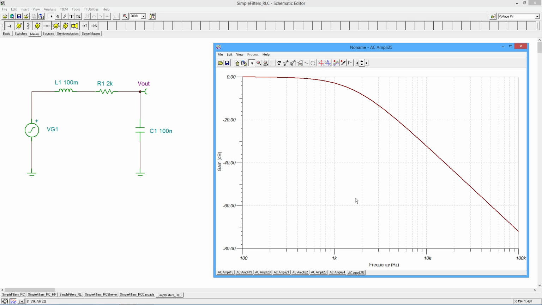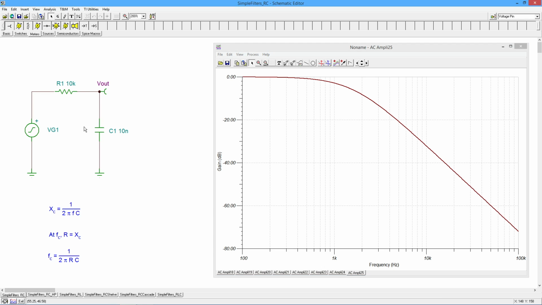Okay? So you have a little bit more control over this. It uses fewer components, but it does use an inductor. Oh well, you win some, you lose some, right? So there's a nice little overview of the circuits. We started off with this little RC circuit, which gave us a nice, simple, low-pass response.